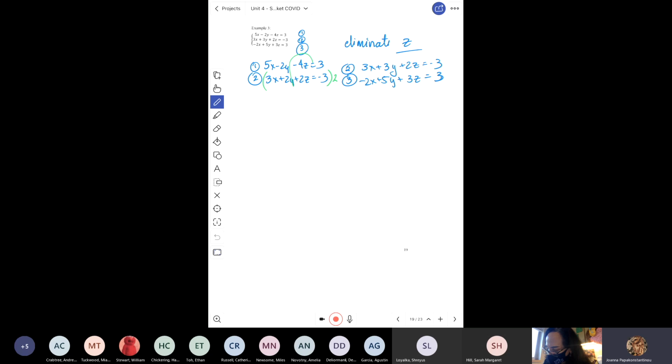Because we're trying to eliminate Z. So I'm going to rewrite my system because I like to show all my work. And this becomes 6x plus 4y plus 4z equals -6. Then I'm going to add the 2 together. Z is gone. That was our goal. Yay.